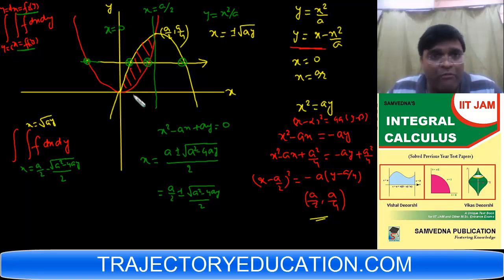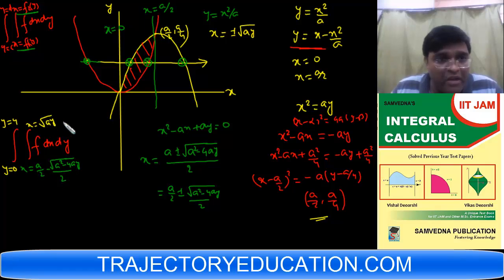Now in order to get the limit of y, from what value of y to which value of y, I'll move this arrow so that I get the whole domain of integration. So I'll have to move it from y equal to 0 to y equal to a by 4. Whenever you write the limit, you need not write x equals and y equals.